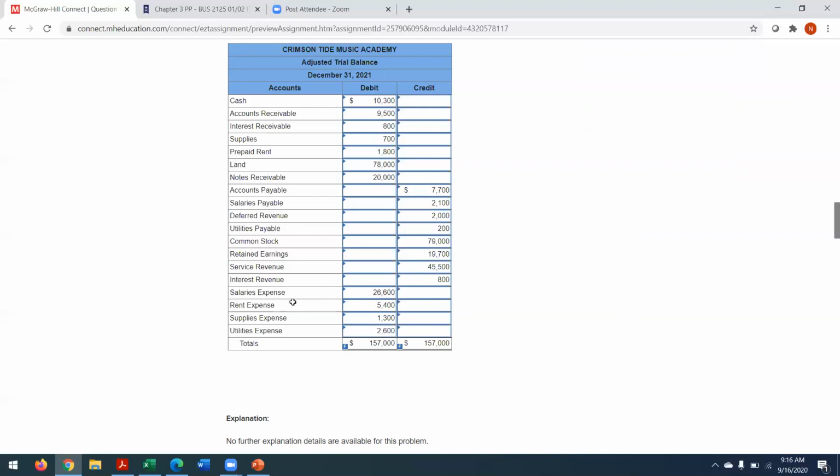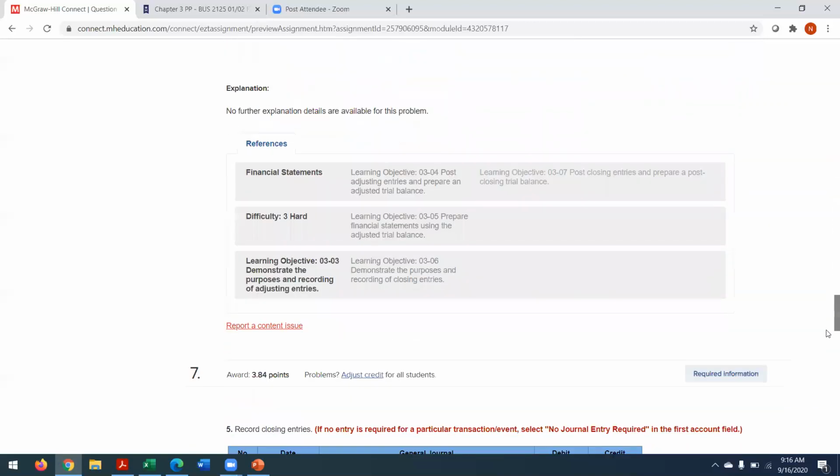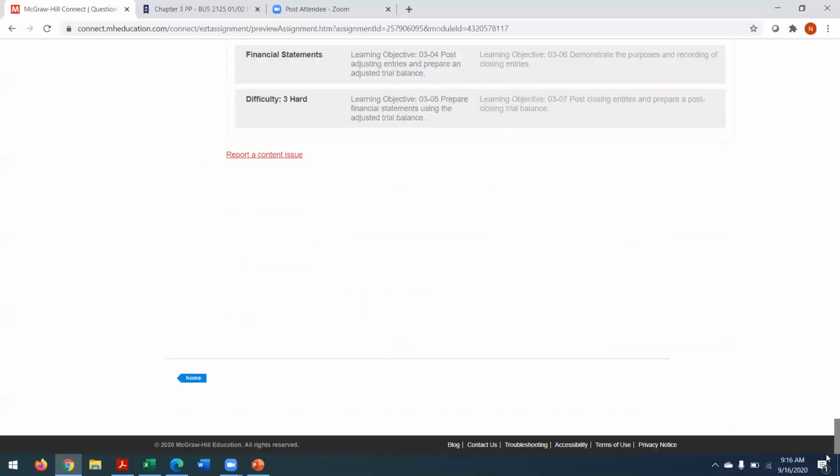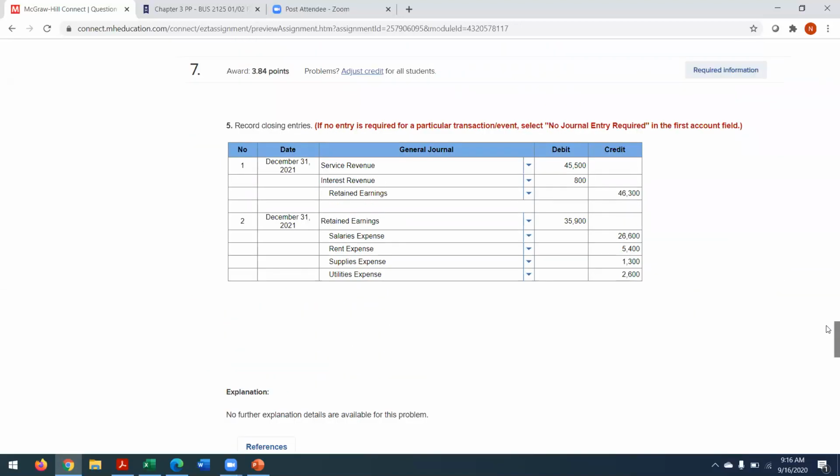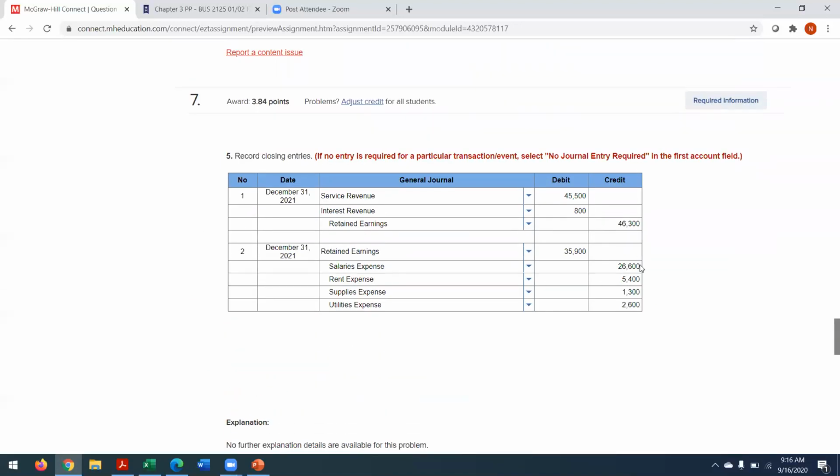We will credit rent expense for $5,400. We will credit supplies expense for $1,300. We will credit utilities expense for $2,600. And our total in retained earnings debit will be $35,900.